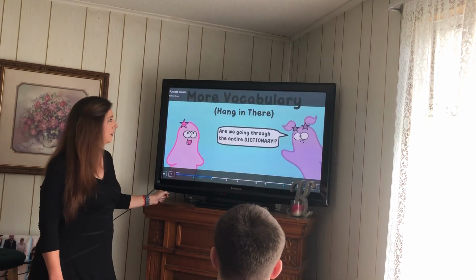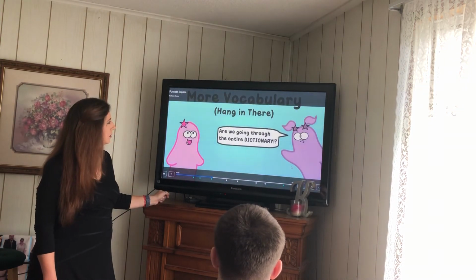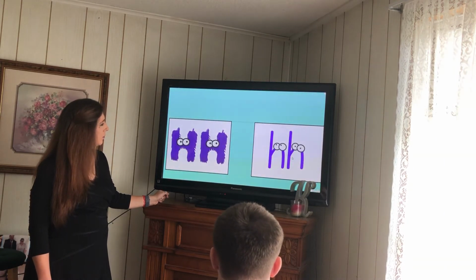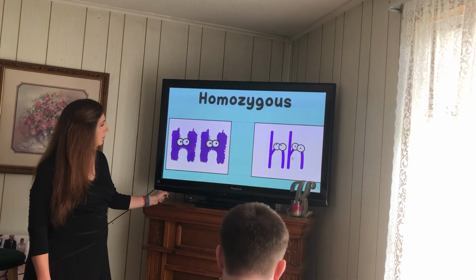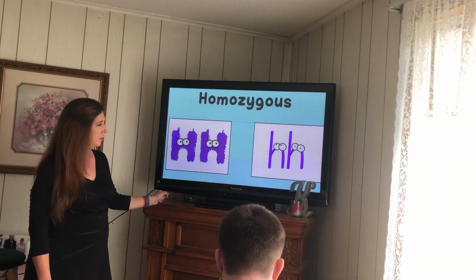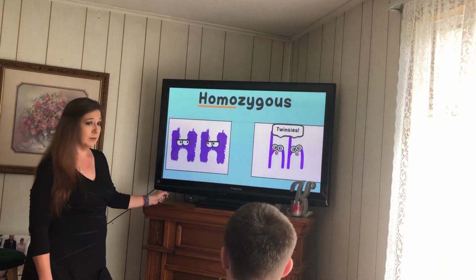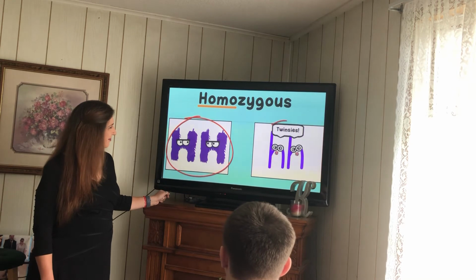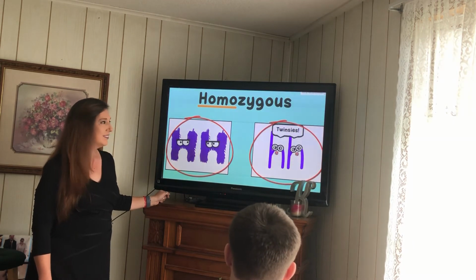Good job. Now, we're not quite done with the vocab here. A genotype of big H, big H, or little h, little h, is considered homozygous. The root in this word means same, and they are the same case. Big H, big H, those are both capital letters, and little h, little h, those are both lowercase letters.